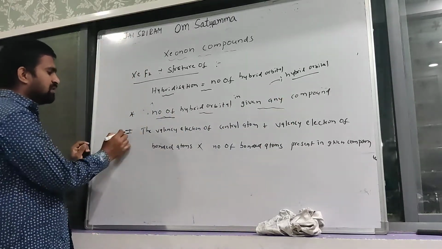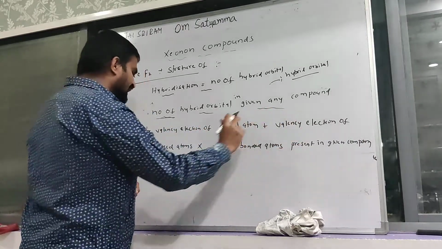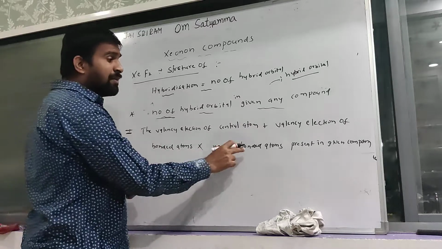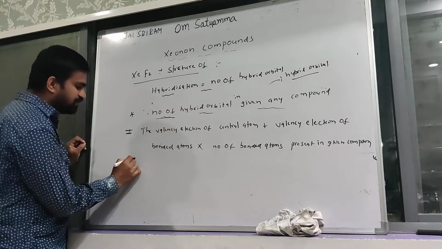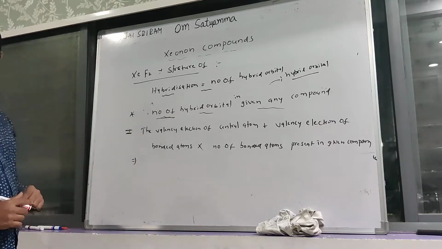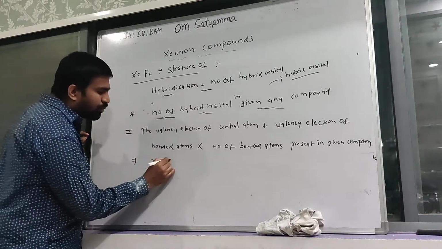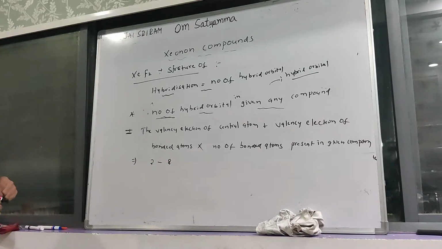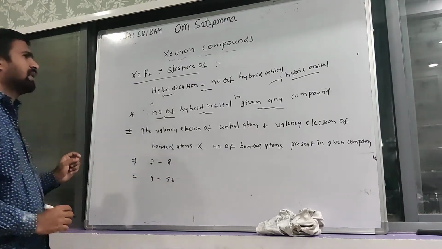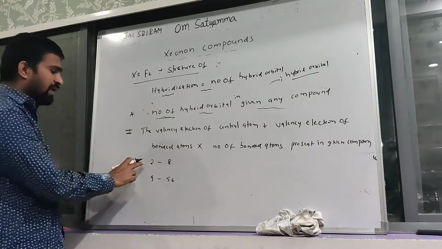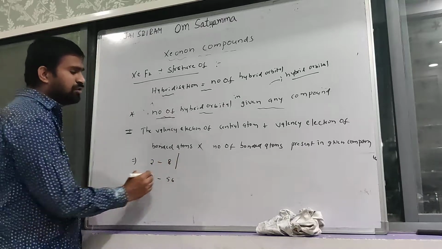The principle is: the valence electrons of the central atom plus the valence electrons of the bonded atoms times the number of bonded atoms present in the given compound. One value comes from this expression. If that value is between 2 to 8, divide that value by 2.